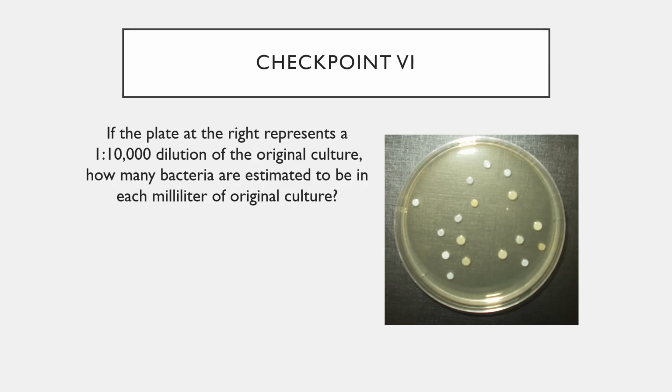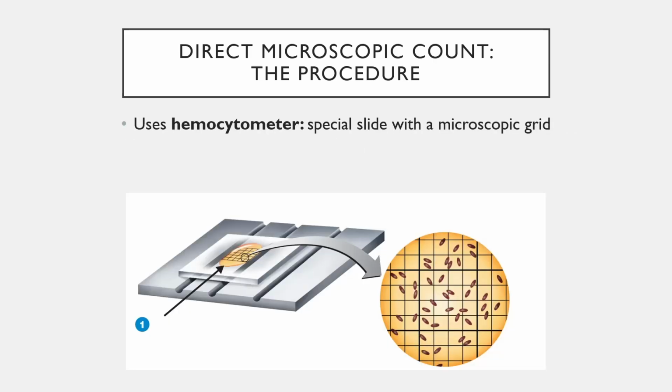So to recap, what we've just discussed was called the plate count with serial dilutions. The second and last technique that we'll talk about for quantifying microbial concentrations is the direct microscopic count. The direct microscopic count is just what it sounds like.